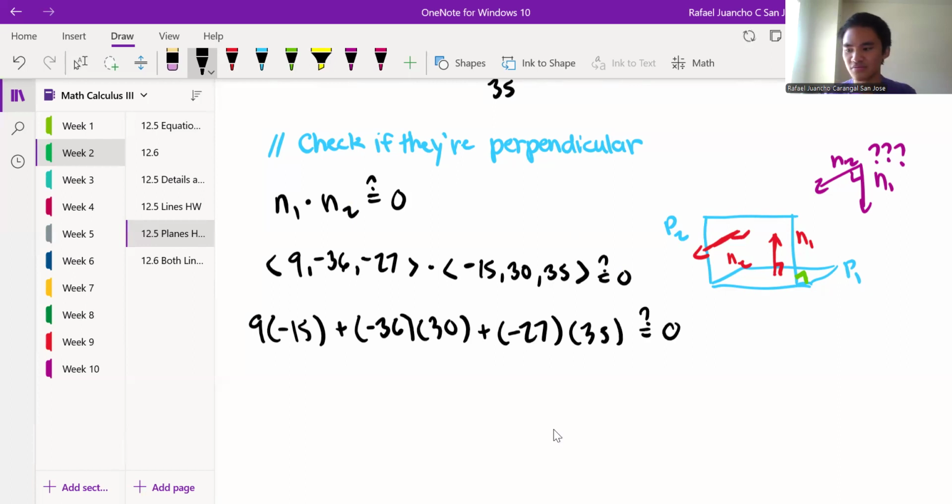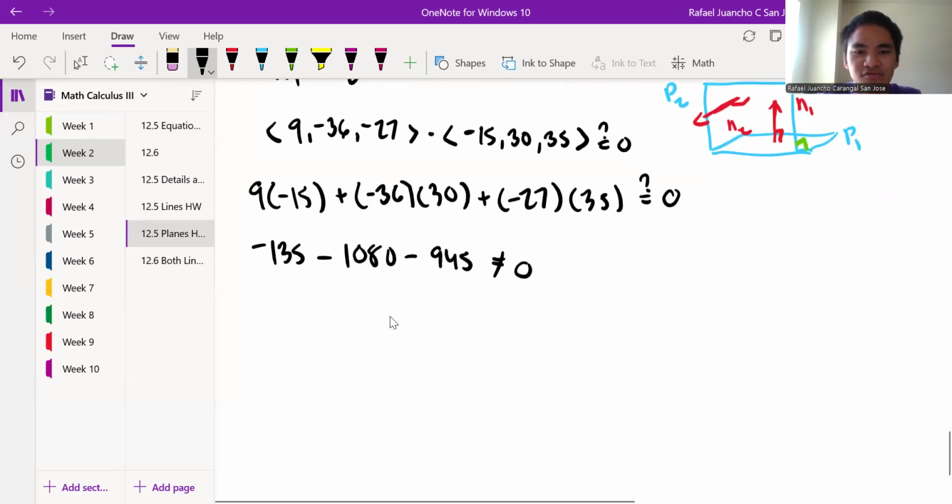Is it? Oh no. Let's see. We have negative 135 minus, oh, big number, 180. Oh no, it's not. So it means they're not perpendicular, maybe? And here I was so proud I made up something new. Not equal to zero. That's definitely not equal to zero.